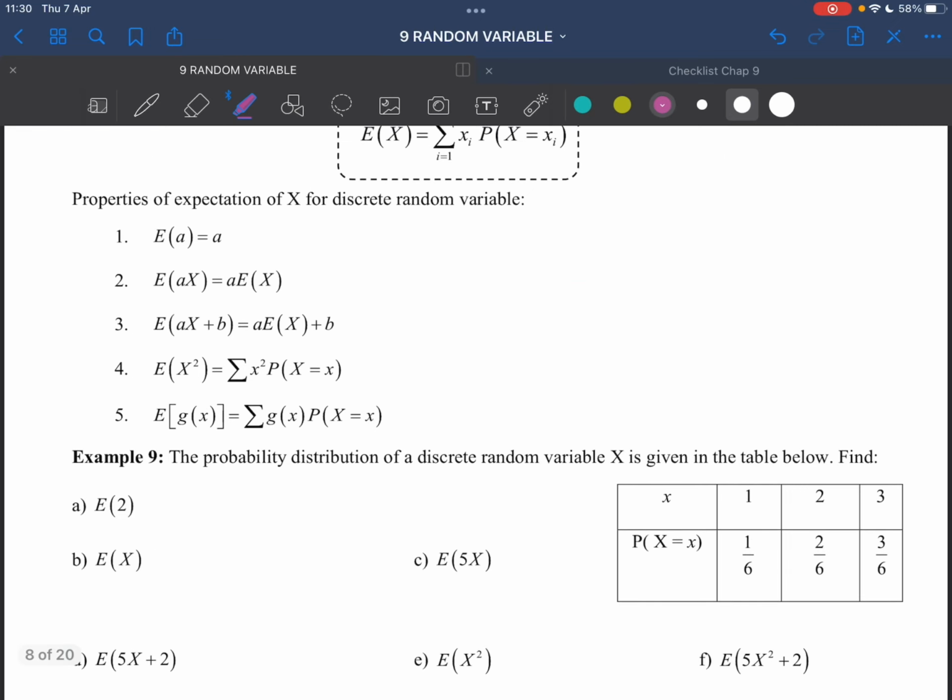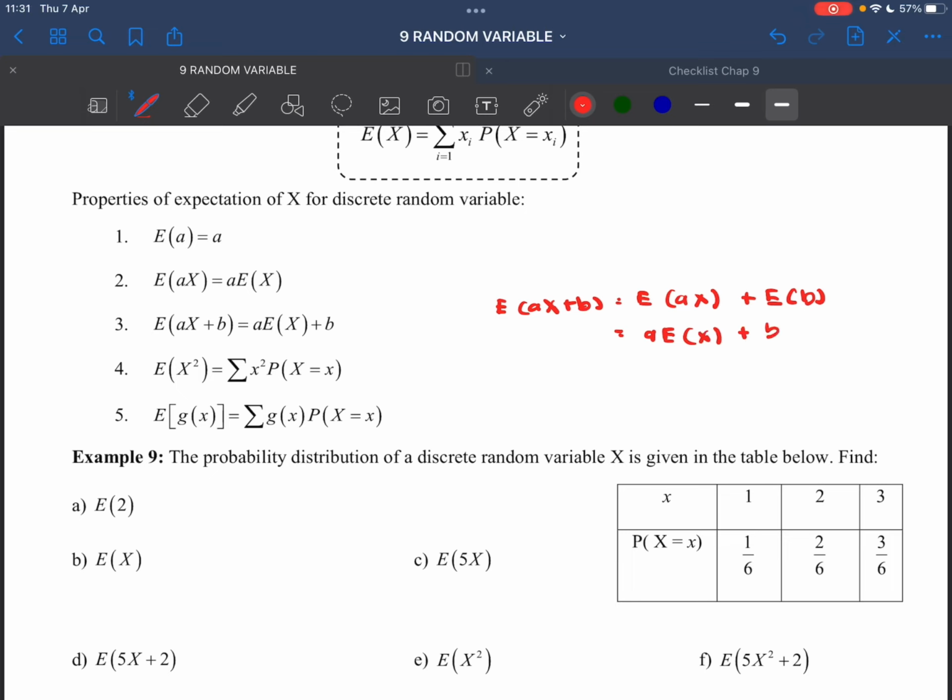Here are the important properties for expectation. If you have E(a), that will be the same as a. E(aX) is equal to aE(X). E(aX plus b) is E(aX) plus E(b). So from property number 2, this is aE(X), and from property number 1, this is b.